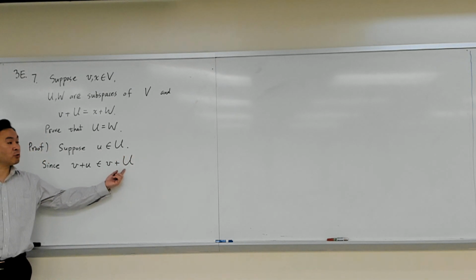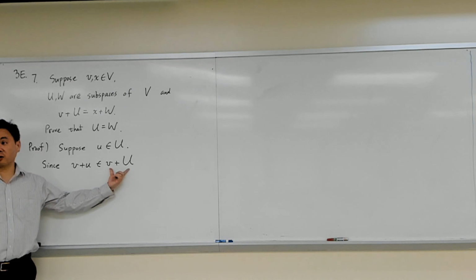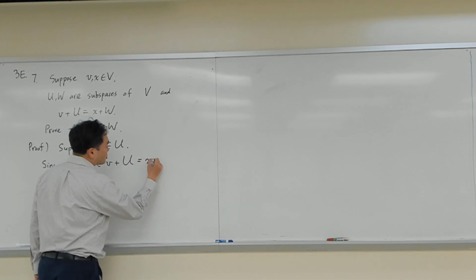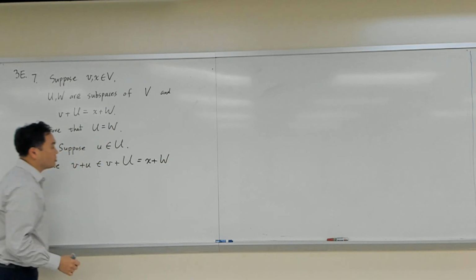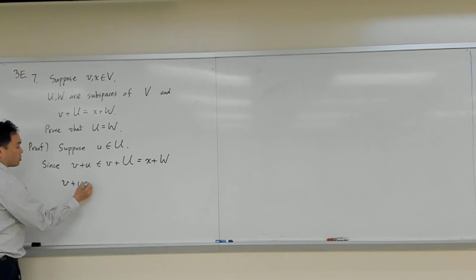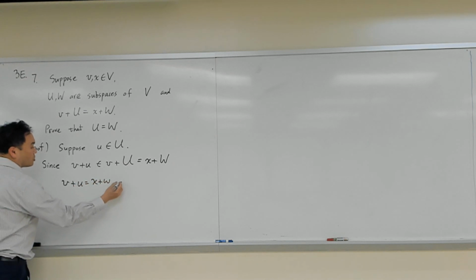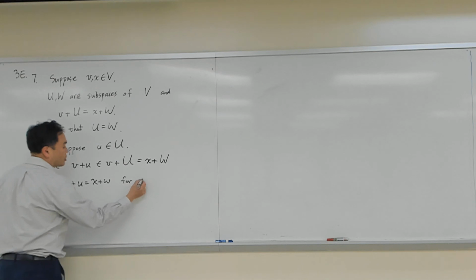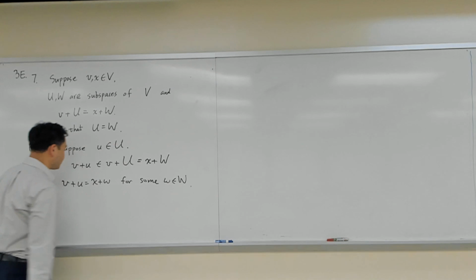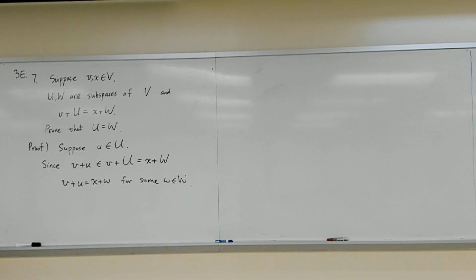The v plus U is by definition a collection of all vectors that look like this, and that's equal to x plus W, right? We see that v plus u is equal to x plus w for some w in W.